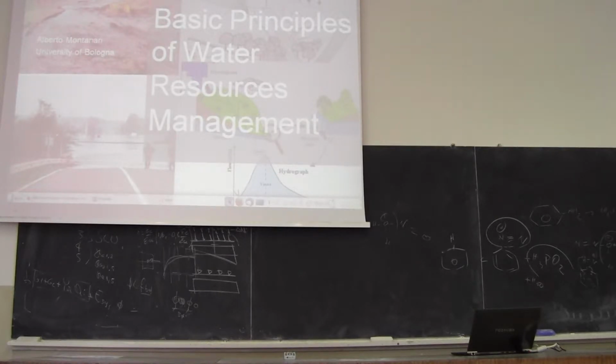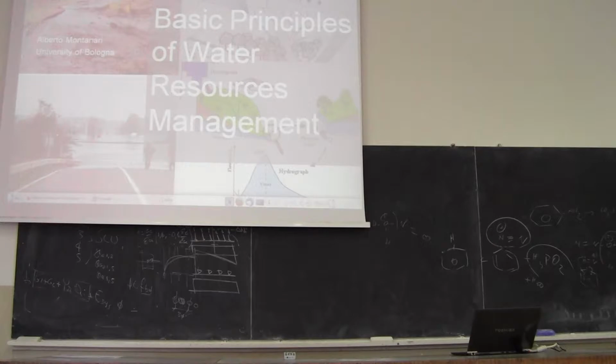The next step is to take a decision. You have people asking for water, you can't satisfy all of them, and then you have to decide how to distribute the water. This is the problem, and it is called water resources management.